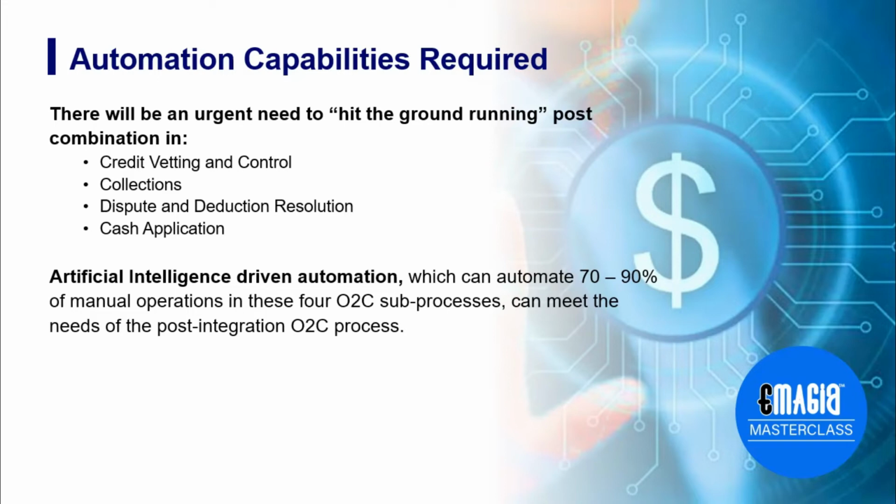So what's the solution? Well, one very practical solution is automation. But artificial intelligence-driven automation, which can automate 70–90% of manual operations in these 4 O2C sub-processes. 70–90%. Now that's 70–90% of a totally manual operation.